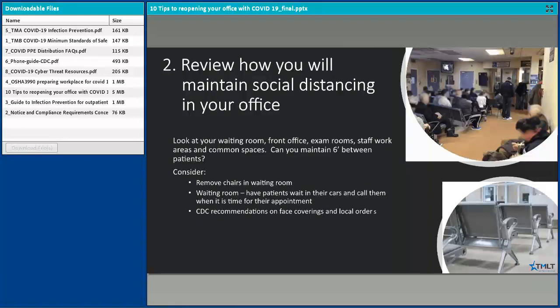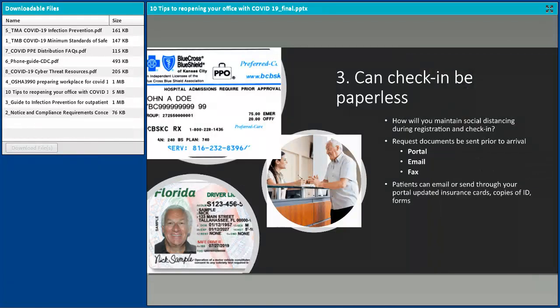In some situations, we've heard of practices that are having patients wait in their cars and they're called when it's time for them to actually come in and be escorted directly to an exam room. And of course, just keep in mind that the CDC does have recommendations on face coverings, as well as local orders that may be coming into play as well.